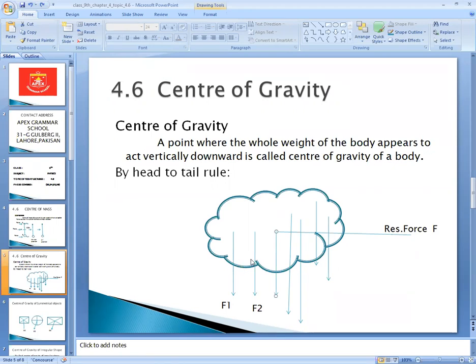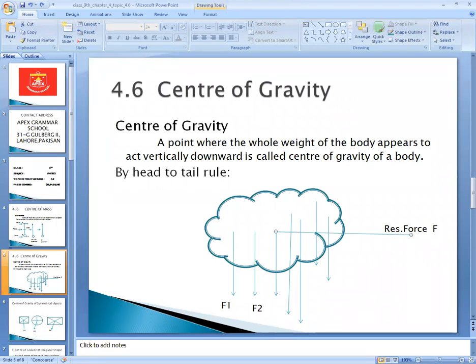So what I did, I took so many points, and with the help of the head to tail rule, I found the resultant force. Resultant force is noted with the letter F, right? So I add them up by the head to tail rule, then this point comes, and this point is called the center of mass.